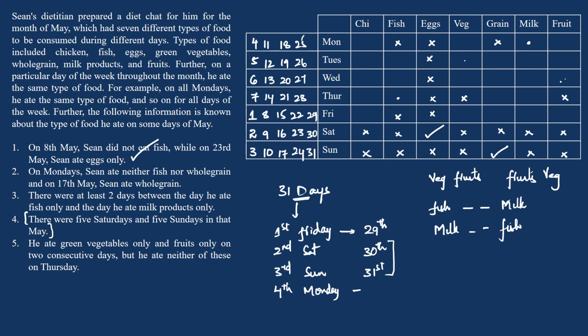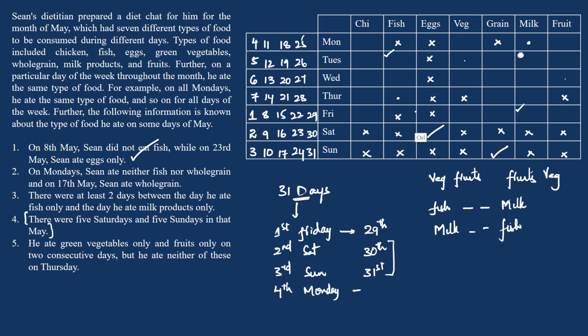This is one possibility. Now the second possibility is, now if he eats fish here, okay, so 2 days gap, so he should be eating milk products on Friday. And if we consider that he is eating milk products on Tuesday, he has to eat fish on Friday.